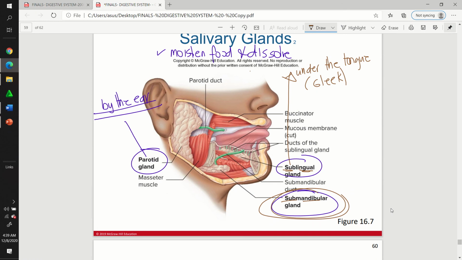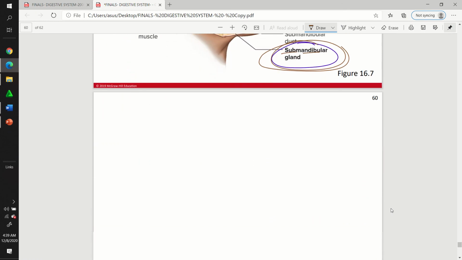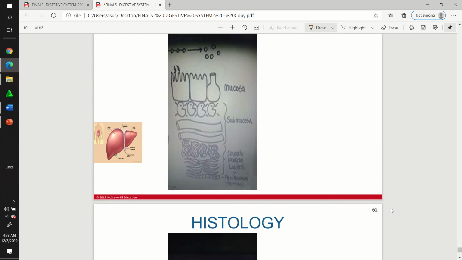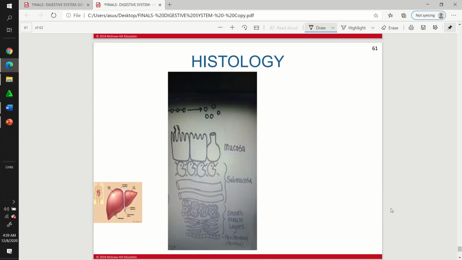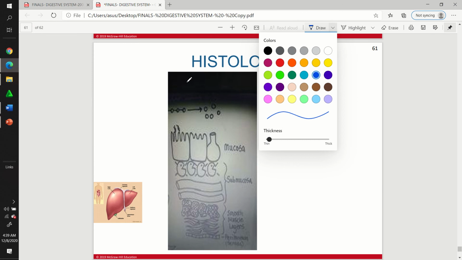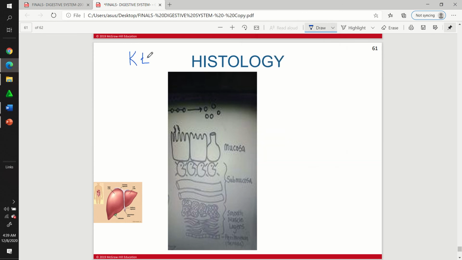Now that we are done with your accessory organs, we go now to your histology, the key histology of your digestive system.